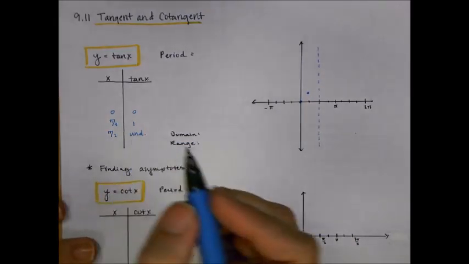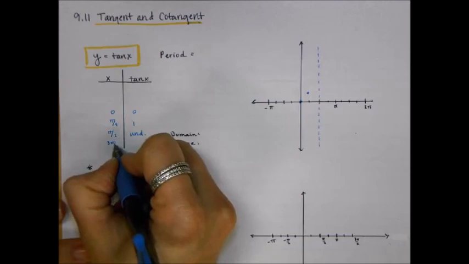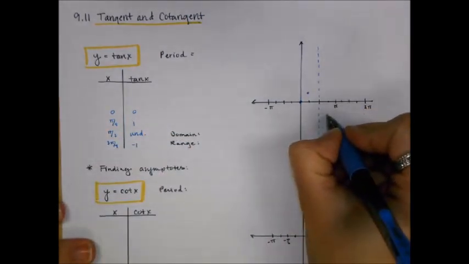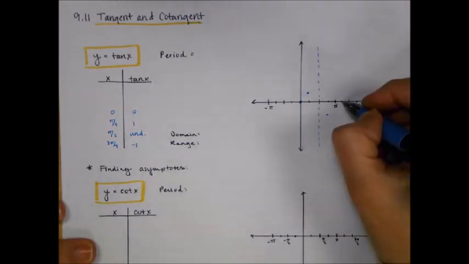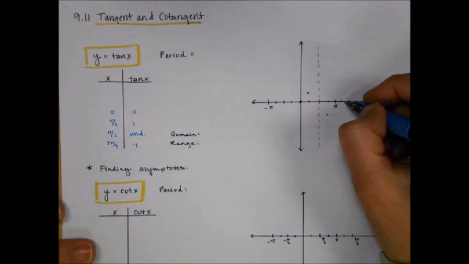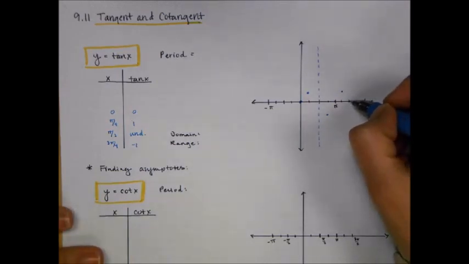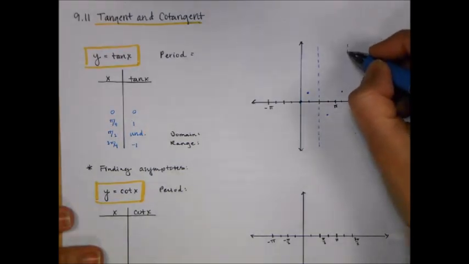So you might keep going with this into 3 pi over 4 will get you to -1. Tangent of pi, 0. The next value at 5 pi over 4, we're back at 1. And then here at 3 pi over 2, tangent would be undefined again. So you'd end up with another vertical asymptote.